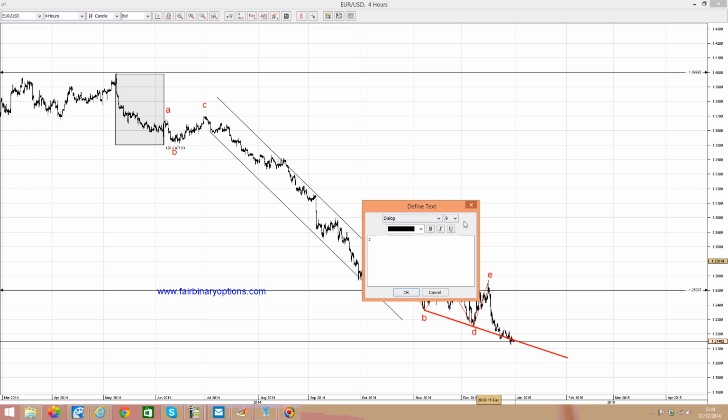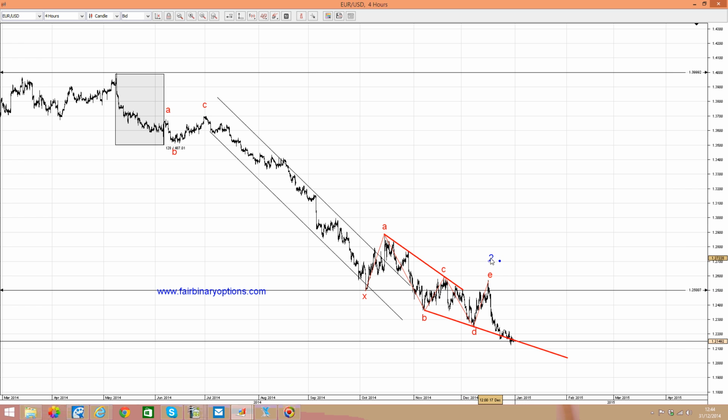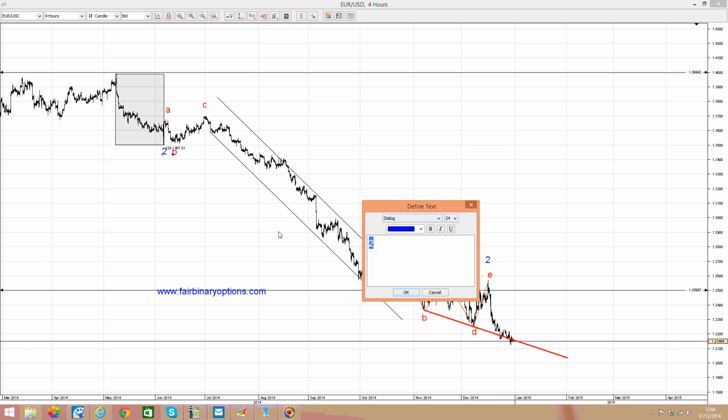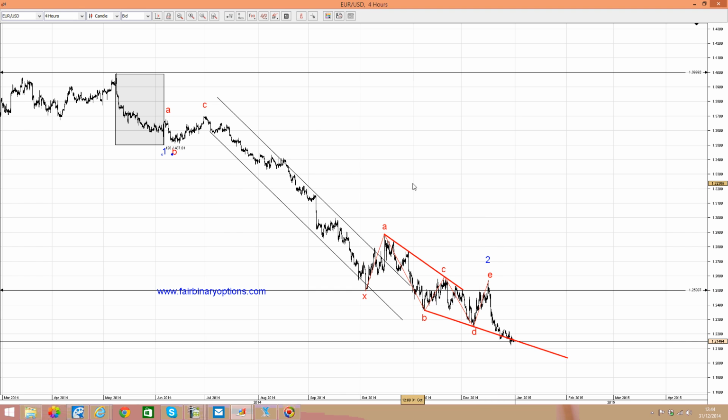Now, if this is the second wave of a bigger degree, then what was prior to the second wave can only be a first wave. If it is a first wave, then it should be placed here. So a simple correction for the first correction here, A, B, C, X wave or intervening X wave, the move that is channeling, then a contracting triangle.